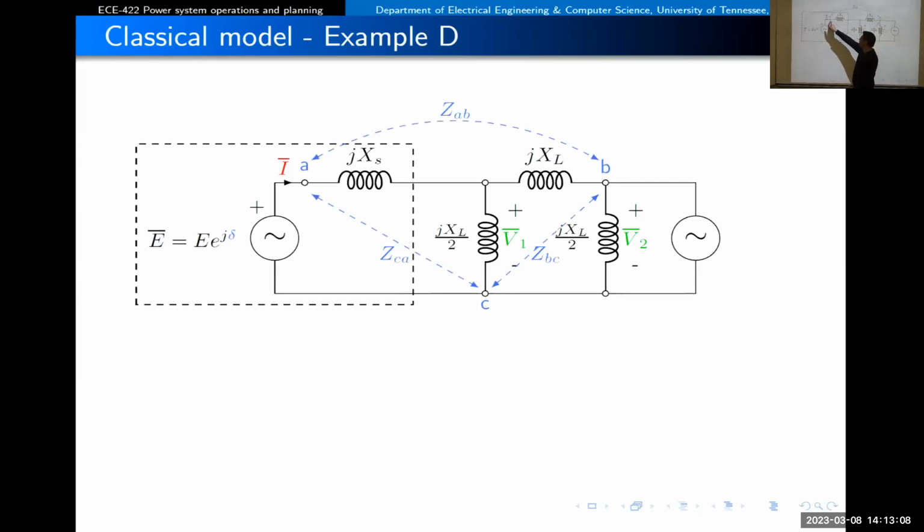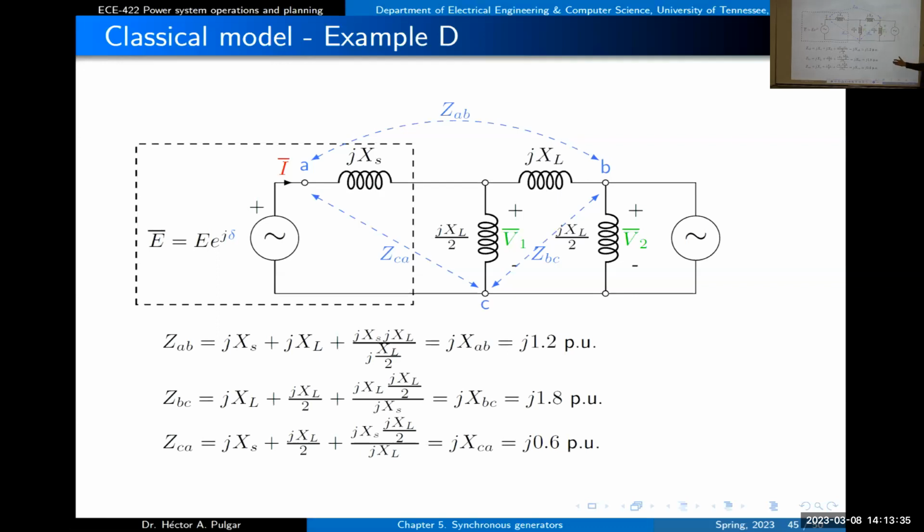If we call these nodes A, B, and C, then you can see that these three impedances are in a star. So what we're going to do is a star-delta conversion. Instead of using these three impedances, we will use three impedances connected in delta. Now we need to remember the conversion, but I have it right here.